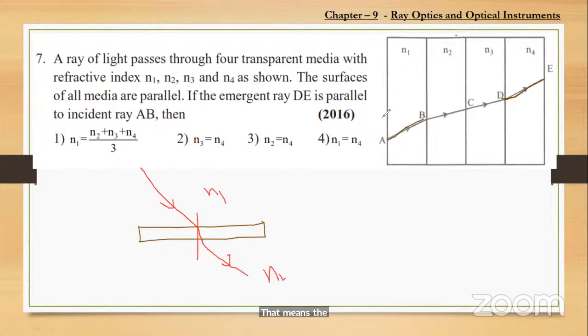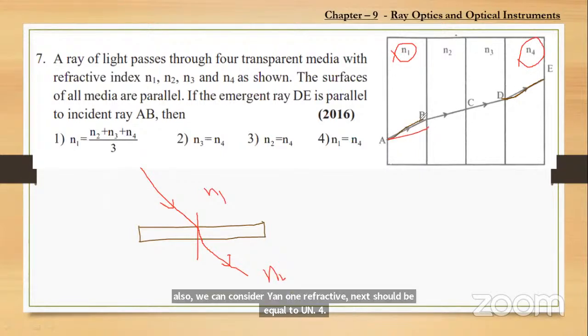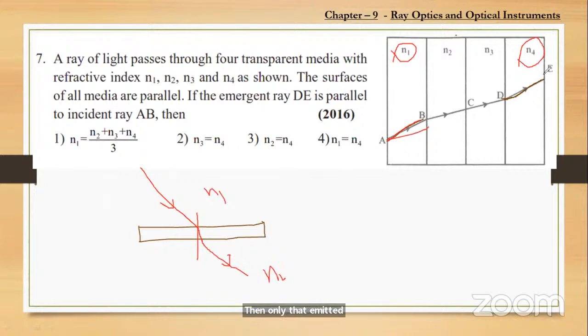So here also N1 should be equal to N4. Then only the ray A to B will be parallel to D to E, not in the same line, but parallel in the same direction. So the answer for this one is N1 is equal to N4, option four.